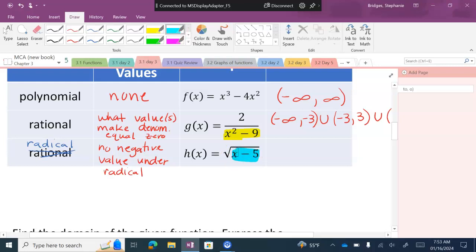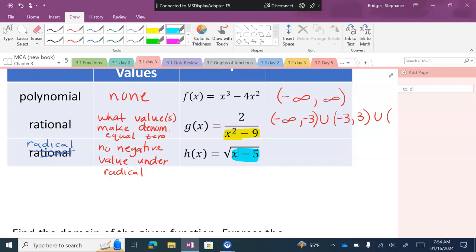If that cannot be negative, how would I write that to be able to give myself a range or a value of numbers? I need to solve that for x, but that x minus 5 can't be negative. So I would have to write it as an inequality and say that it has to be greater than what? 0. Can it be equal to 0?